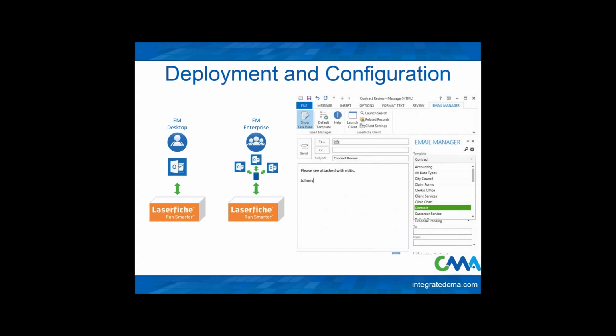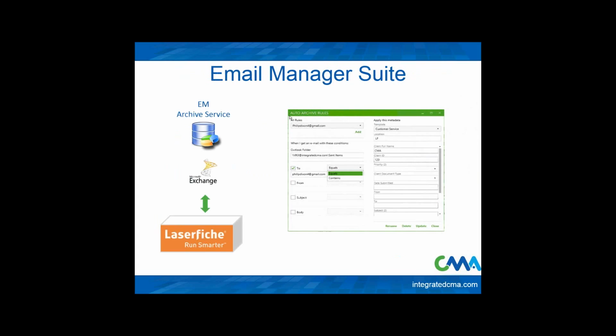So we've got some other productivity tools with the ability to apply default templates, do related record search, manage credentials, those types of things. And we're going to stay out of the detail as much today and really kind of give you an overview. And of course, we're always available for a deeper dive follow-up if needed.